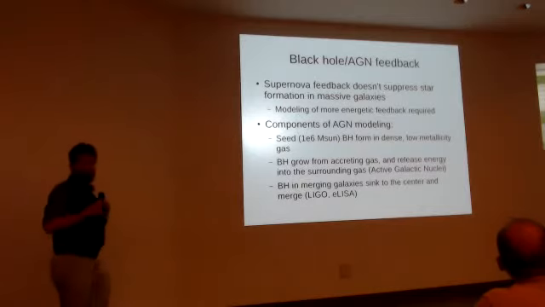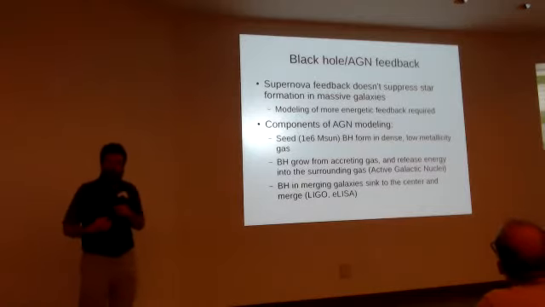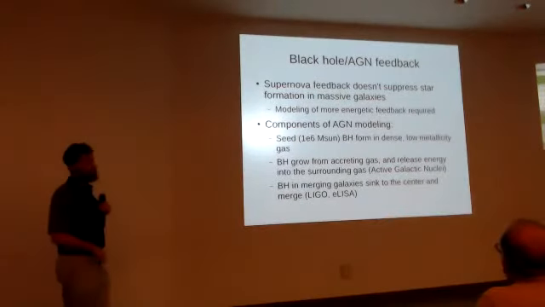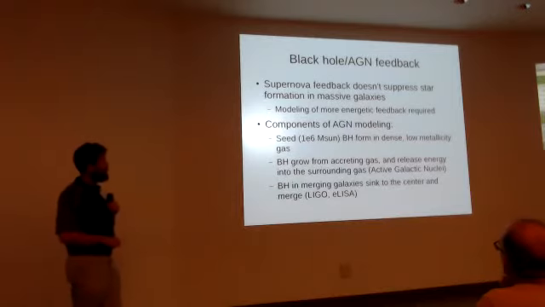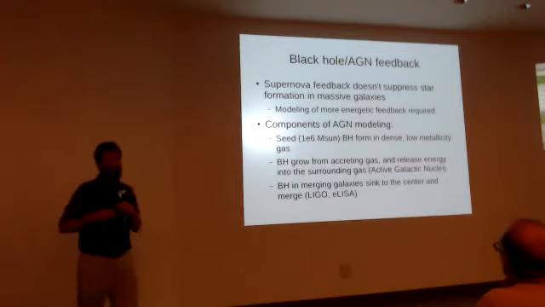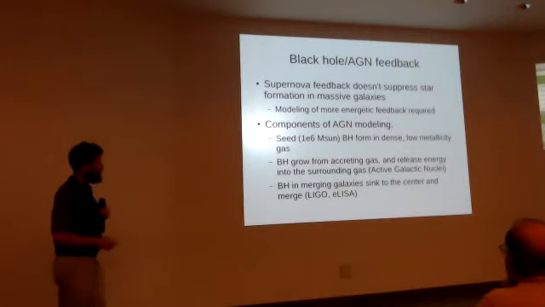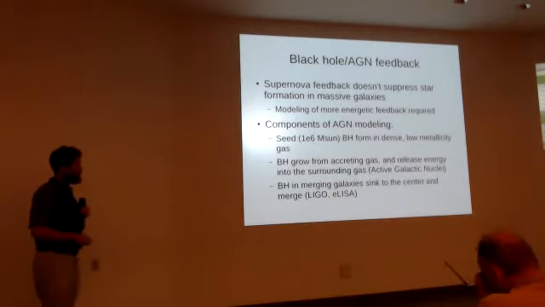So basically, feedback that would help with higher mass galaxies. And basically, there's three components to his model. We have seed formation in the early universe from low metallicity, very high density gas, which has a probability to form black holes.